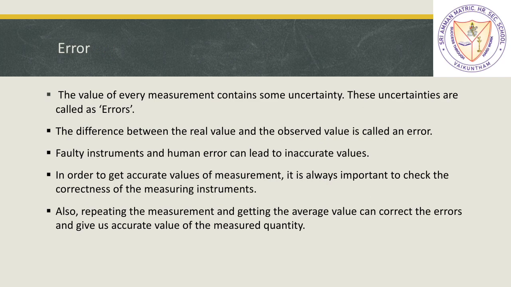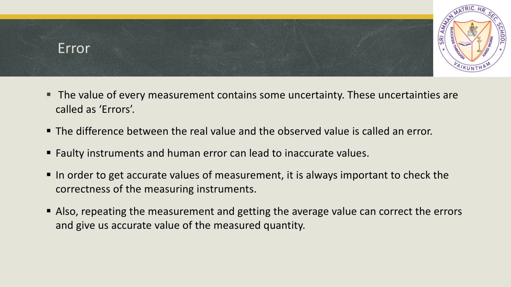Whenever we carry out an experiment, there will be some uncertainties. We cannot avoid them, we can just make that uncertainty as small as possible. These uncertainties are called errors.